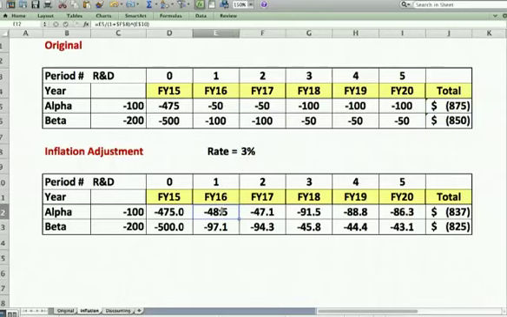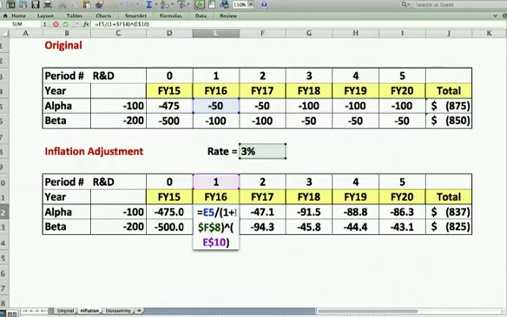What we've done, looking here, is that in each case I've taken the nominal value divided by 1 plus the interest rate raised to the power of the year.